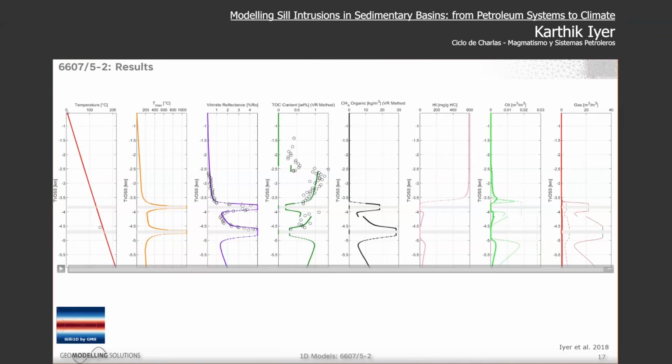So we have ample number of data points and we can match it pretty well, just using a simple 1D model. In this case, we also match the TOC content, how it depends on the heating, how it degrades due to the heating of the sill. And if you assume some HIs, you can also determine using a more complicated organofacies method and full kinetics, how much oil and gas could be generated near the sills.